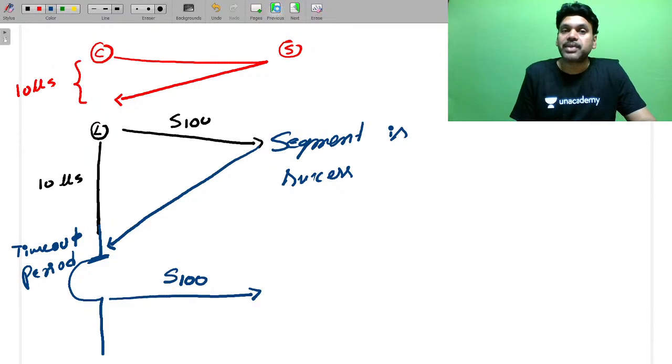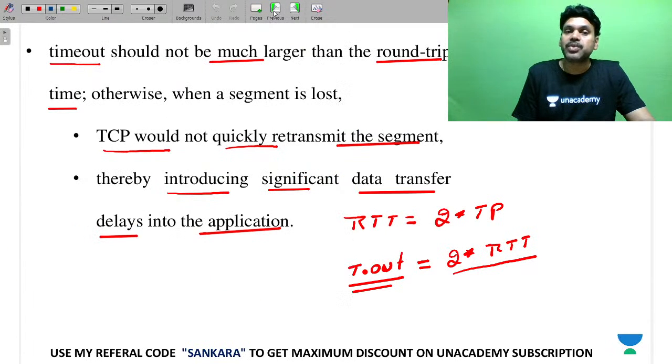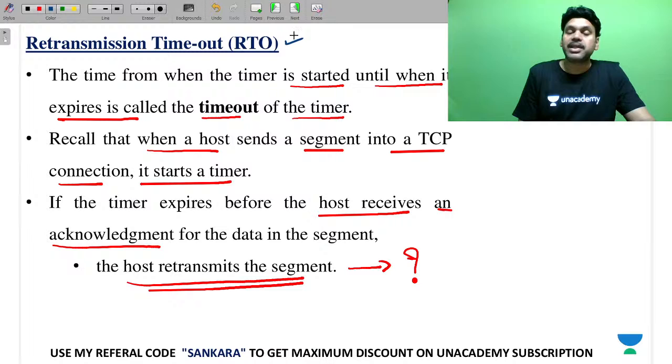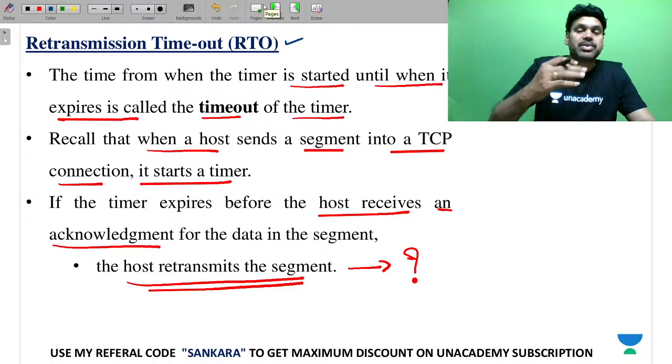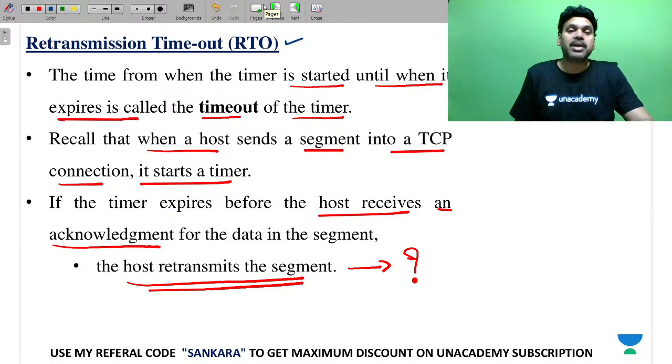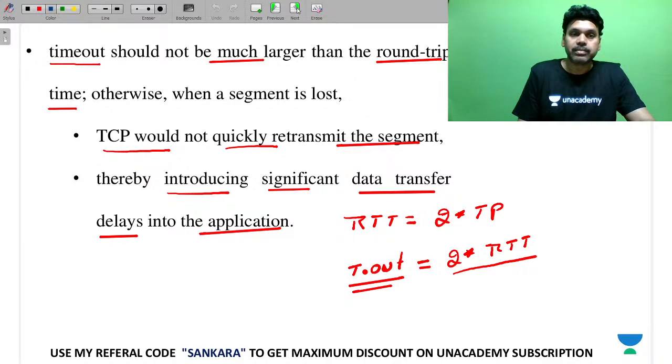So we are going to find a retransmission timeout value which is not much longer than your RTT. It is just less than or equal to double your RTT, not that much longer. That is the point.